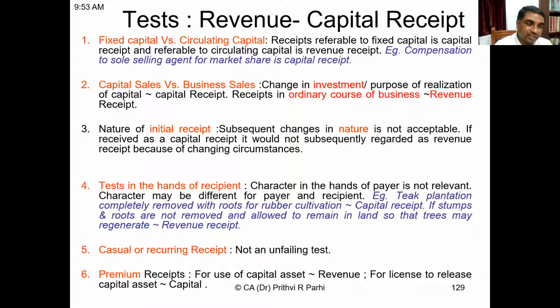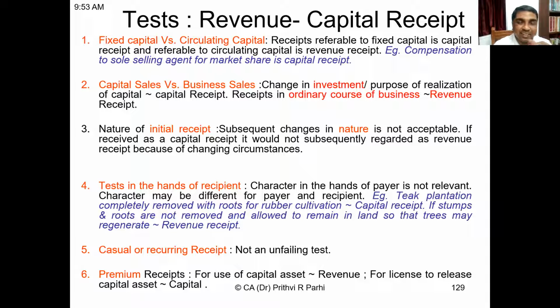Next issue is casual receipt or recurring receipt. This is not an unfailing test. Just because the income is casual in nature, that means it has come occasionally with no regularity, you cannot say it is a capital receipt. Revenue receipts can be received casually, or capital receipts can come on a recurring basis also.